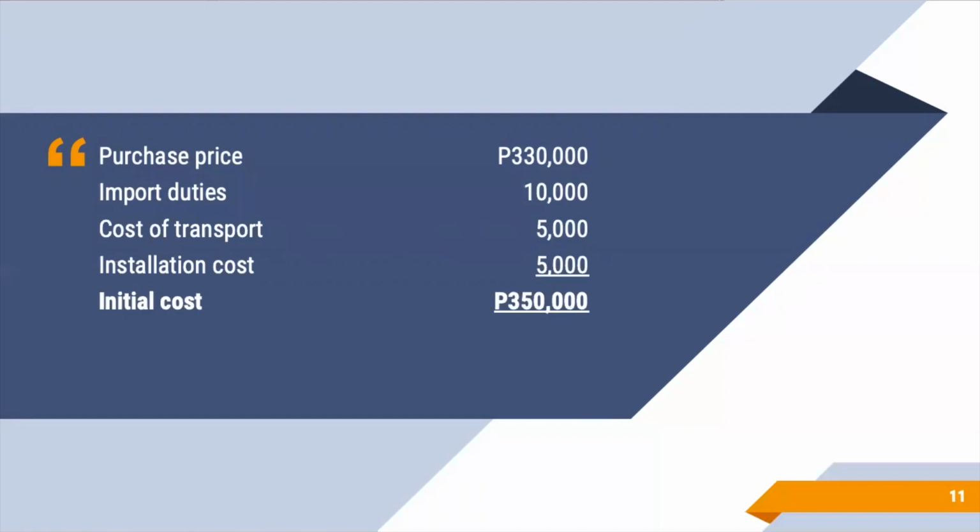The total initial cost of the machine is 350,000 pesos. Take note that value-added taxes are refundable taxes, thus not capitalizable. It is not capitalized in the initial cost of PPE.